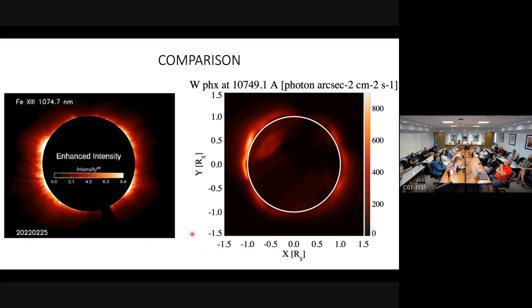Right. I think the simple answer to your question is you multiply our numbers by the intensity of the solar disk from an atlas, in units of photons per arcsecond squared per centimeter squared per second. And then I will get it back. Okay.